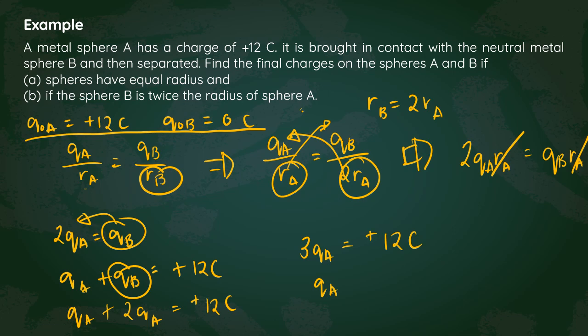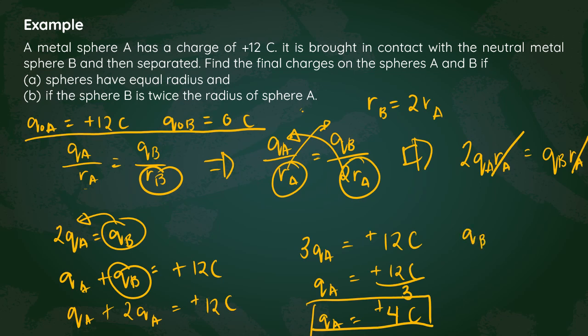Therefore, QA is equal to positive 12 coulombs over 3, which gives a value of positive 4 coulombs. Now, if QB is equal to 2QA, then QB will be 2 times positive 4 coulombs, so QB is positive 8 coulombs.